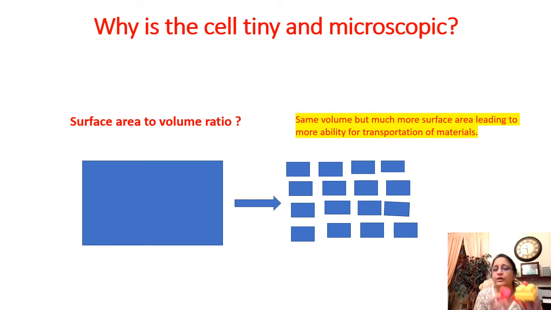So what do you think is the most efficient way: to have one large cell as a total organism, or to have tiny pieces as cells that make up that organism? Definitely the smaller bits and parts are more efficient. Those bits and parts of the organism that have structure and function, we call cells.